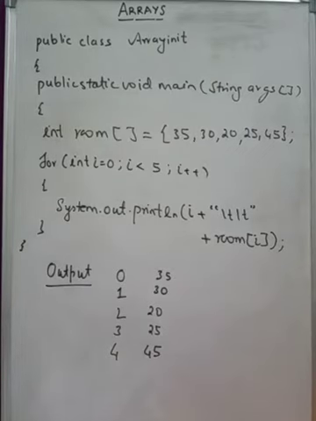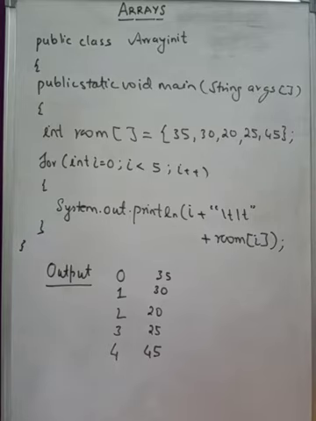Now today, in this video, first I will be explaining the method through which you can initialize an array. Over there, you saw that the direct initialization of the array was done through the index number, right?